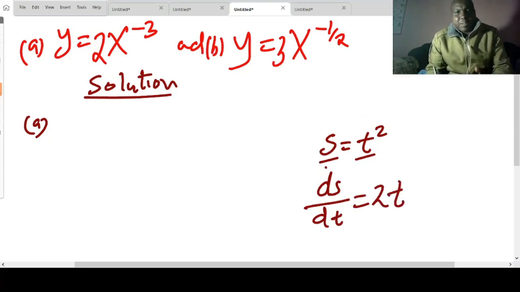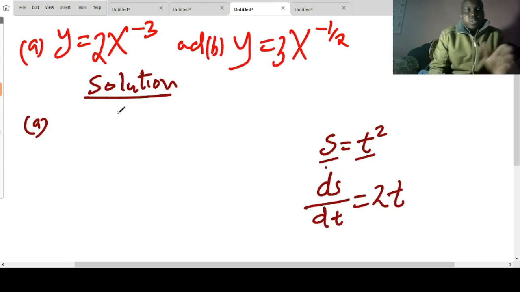So what I'm saying is, it depends what you are given on the left side and the right side. So dy over dx is because we are given the first variable y, the second variable is x. So we differentiate, that is dy over dx. If you are given like this, the first variable is s, the second variable is t, so we say ds over dt, which is this. Thank you, very important.